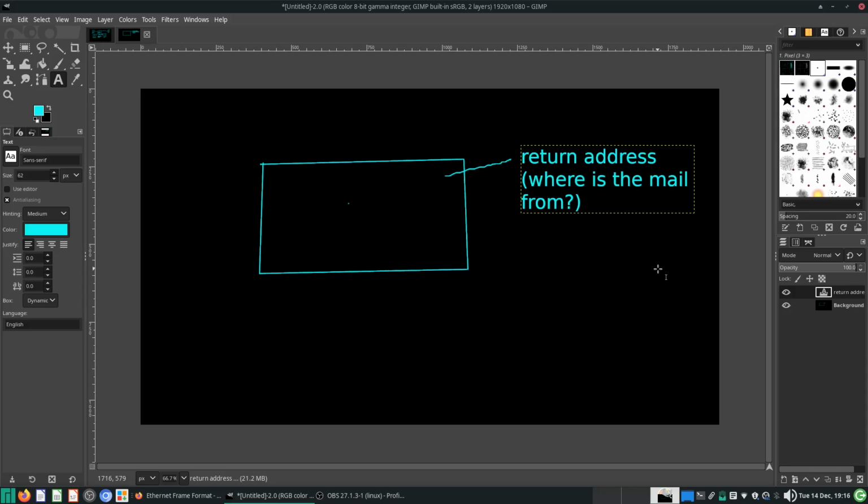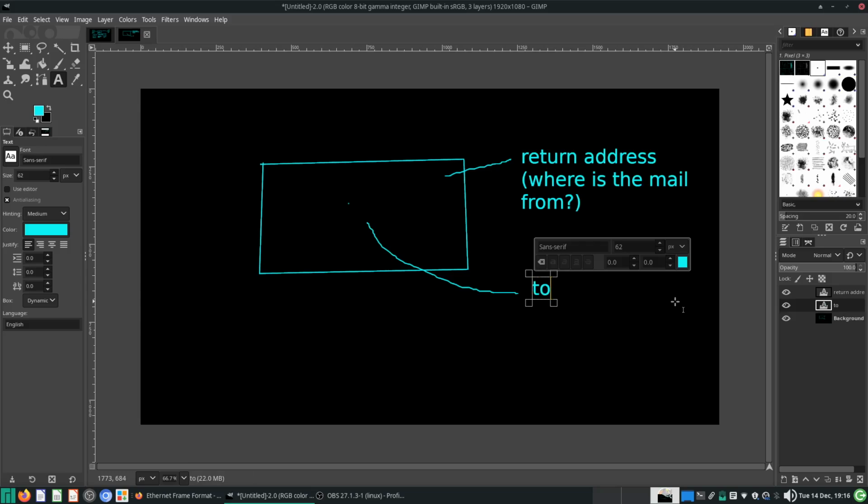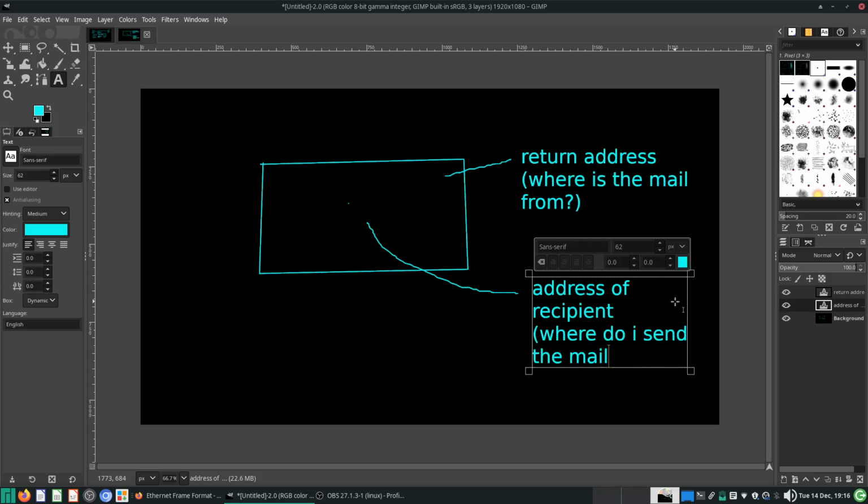Where is the mail from? You write it somewhere here, and in another place you're supposed to write the to address, the address of the recipient. So where do I send the mail?